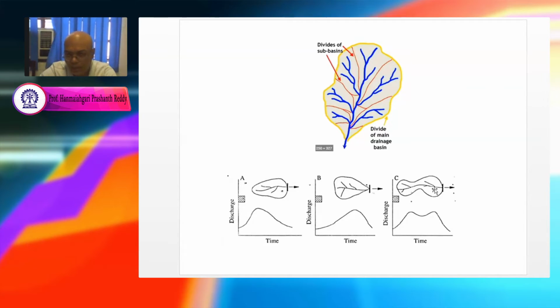After that, since rainfall stopped, the area away from the outlet, that water still didn't reach the outlet, therefore there is a decrease in the flood hydrograph. After that, slowly this water is reaching the outlet, therefore again the discharge is increasing, so it forms a second peak.